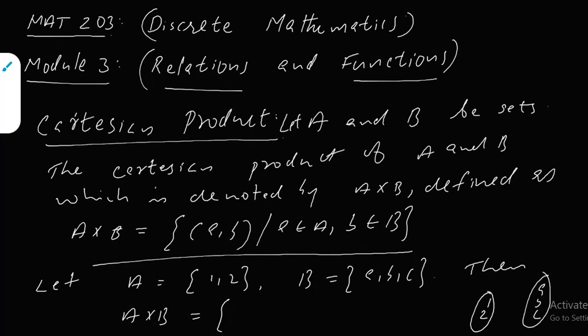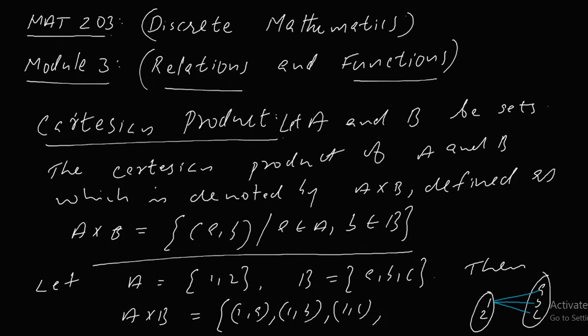If I take the first element as 1, we still have three options in B. That means 1a is one choice, 1b is another, and 1c is another. So these are the first three elements. Not only that, we can consider the other element 2 also. With regard to 2, there is 2a, 2b, and 2c. These are the other three combinations.